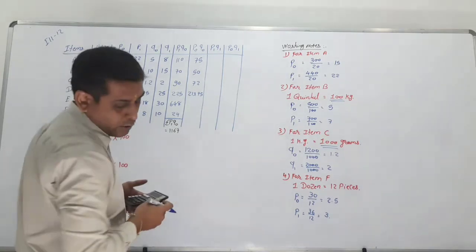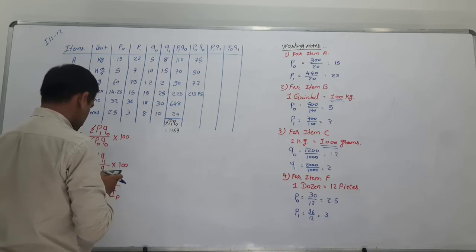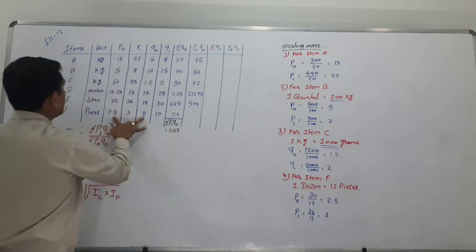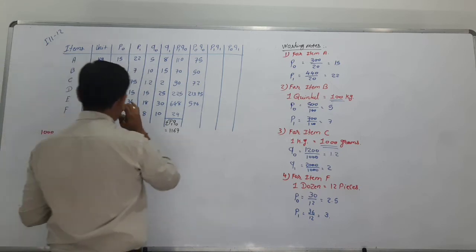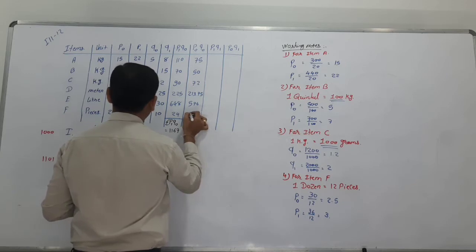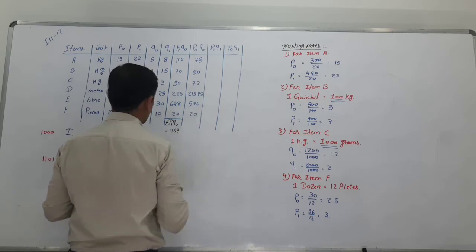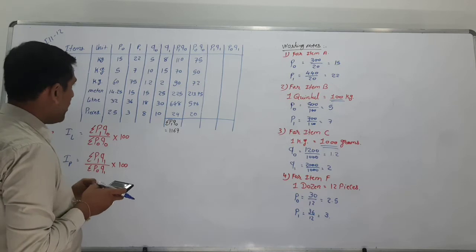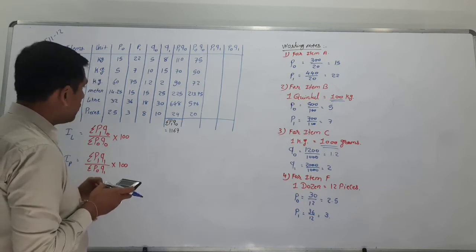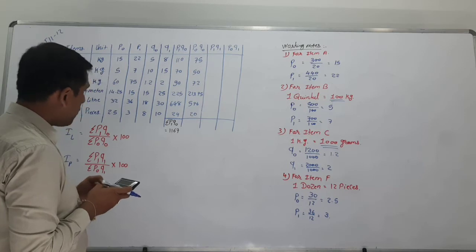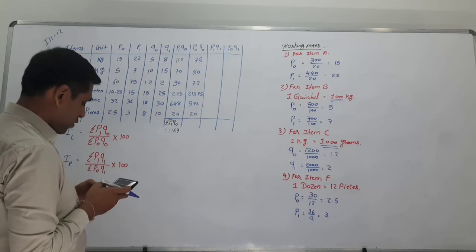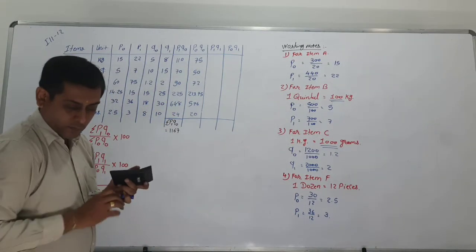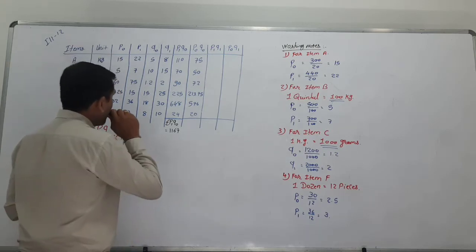Then 18 into 32, 576. And the last one is 2.5 into 8, 20. So the total: 75 plus 50 plus 72 plus 213.75 plus 576 plus 20, that is 1006.75. The answer is of sigma P0 Q0.